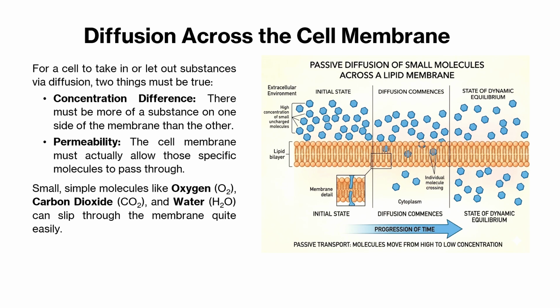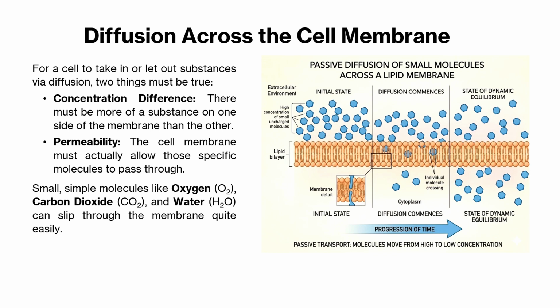Fortunately for the cell, small and simple molecules have a backstage pass. Molecules like oxygen, carbon dioxide, and even water are small enough to slip through the gaps in the membrane quite easily. Oxygen is very necessary for us, and we need to kick out carbon dioxide. Water is also an essential part of our life. Even water is life.